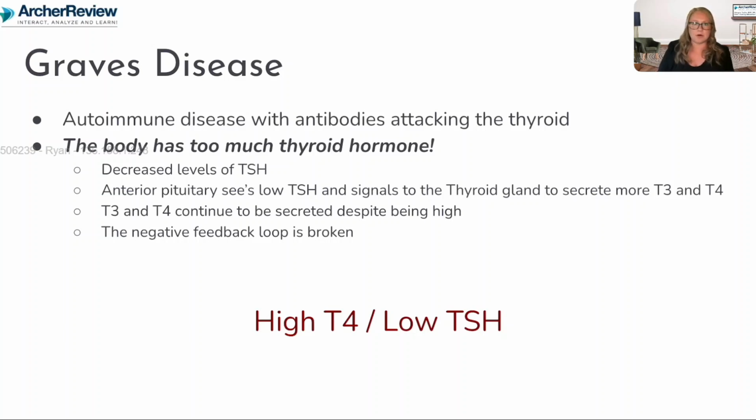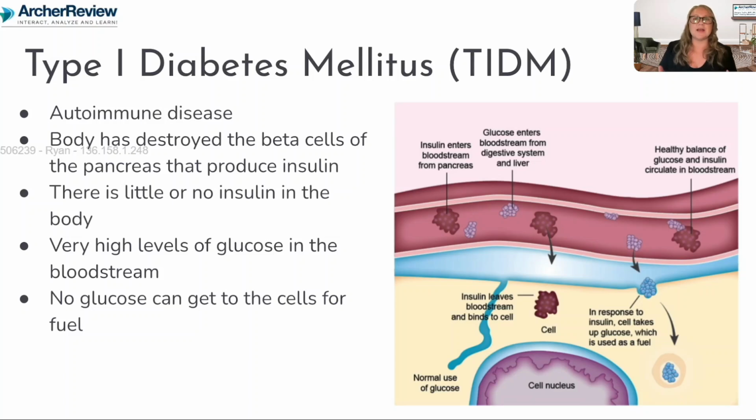And then one of our most common, type 1 diabetes, an autoimmune disease where the immune system eats away and destroys those beta cells of the islets of Langerhans in the pancreas. Those beta cells are what makes insulin. When the immune system kills them, the pancreas can no longer make insulin. That's what causes all the assessment findings in type 1 diabetes.